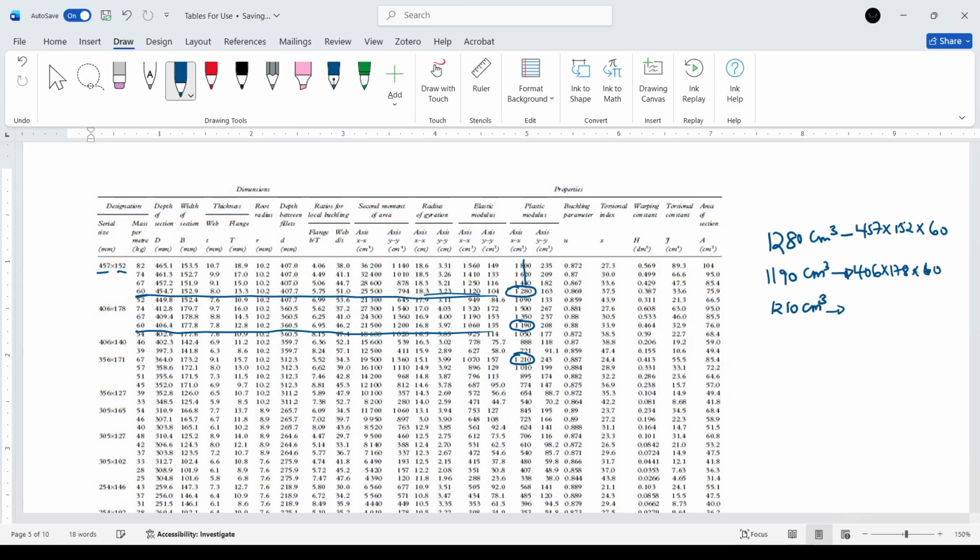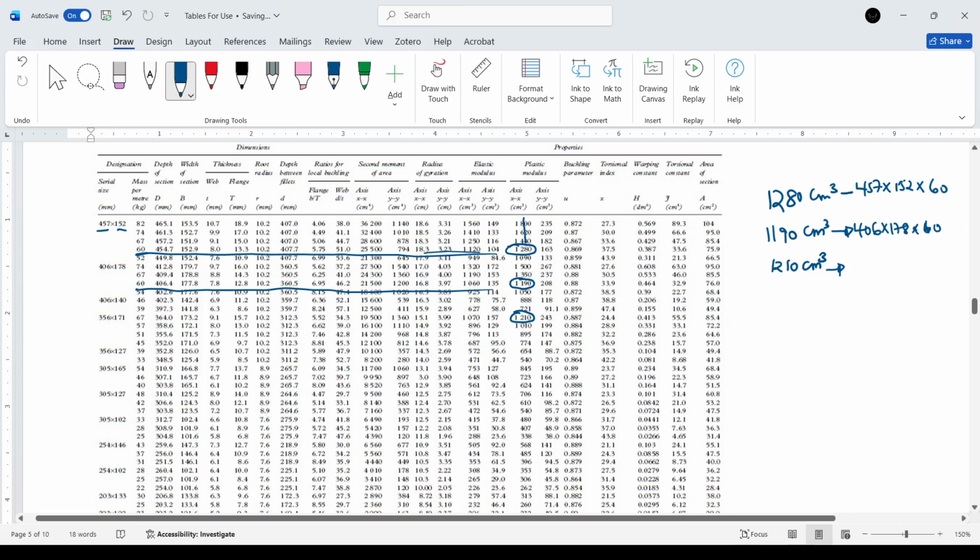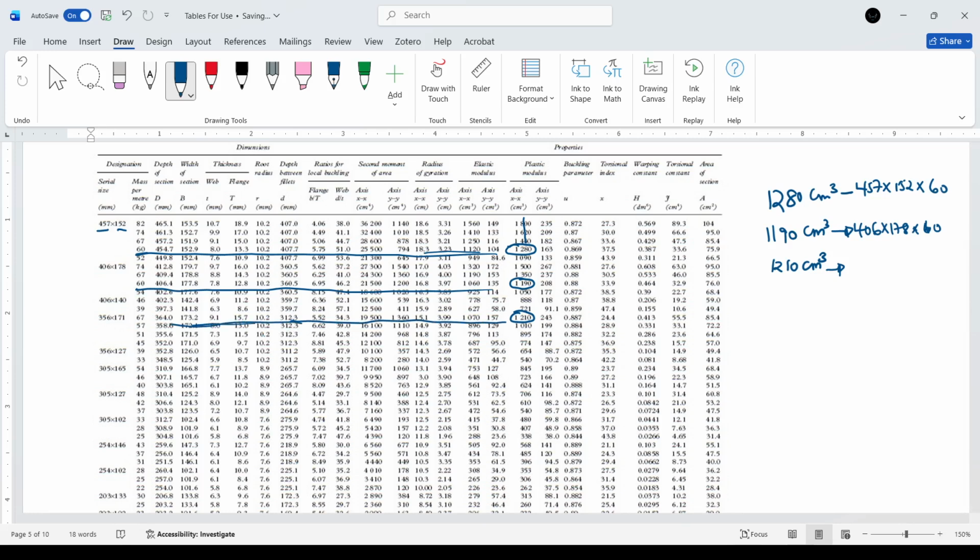Then we go to 1210. Where is the 1210 here? Okay, it's right here. So it will be 356 by 171 by 67. I believe that's what you guys have. And all of them are universal beams.